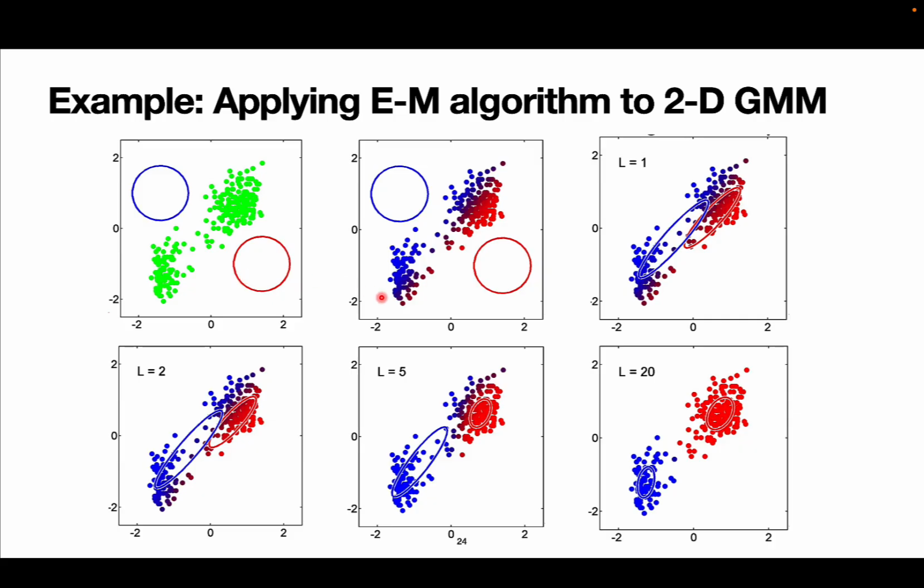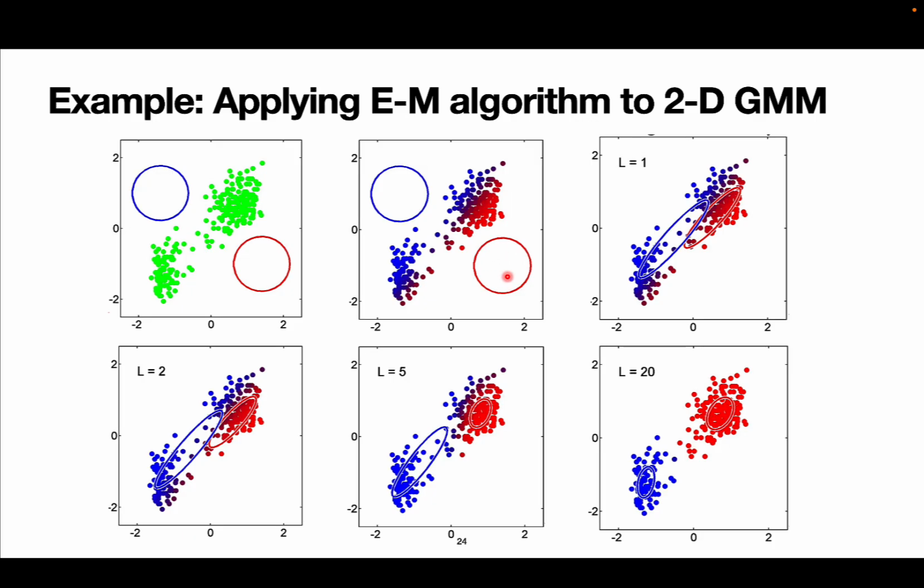In the E step, we compute soft clustering, which is the probabilities each point belongs to each cluster. This is why the points are colored gradually. The solid red or the solid blue indicates that this data point belongs to this cluster with a higher probability.